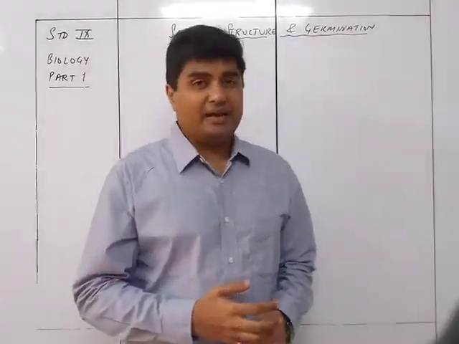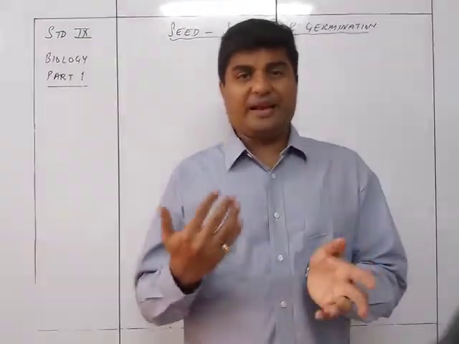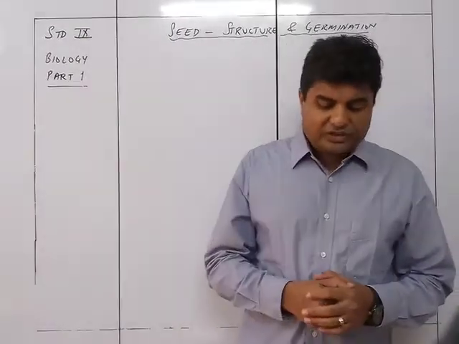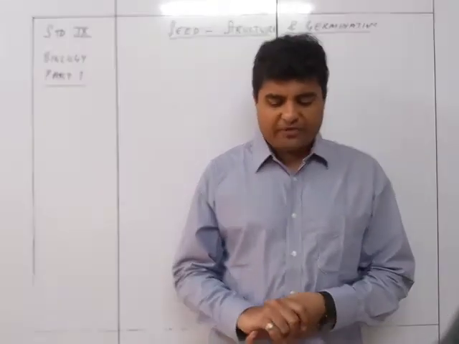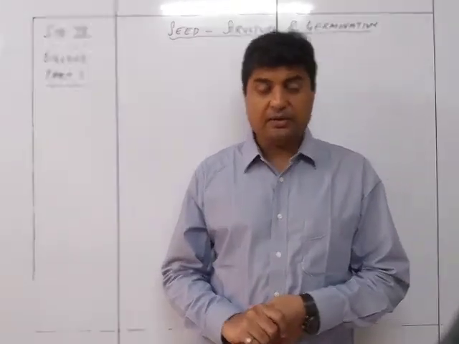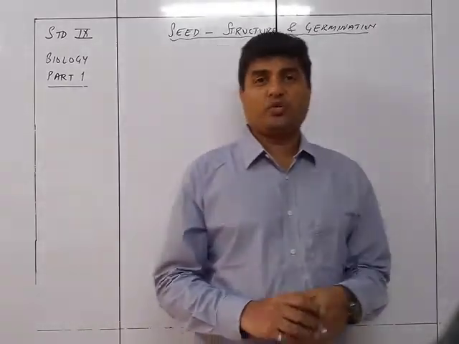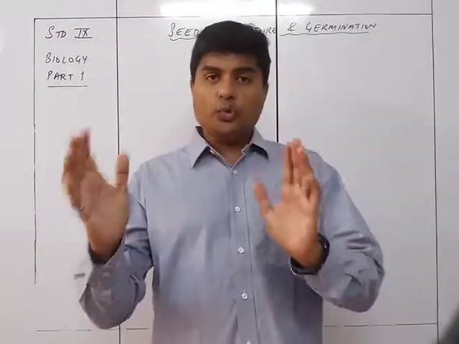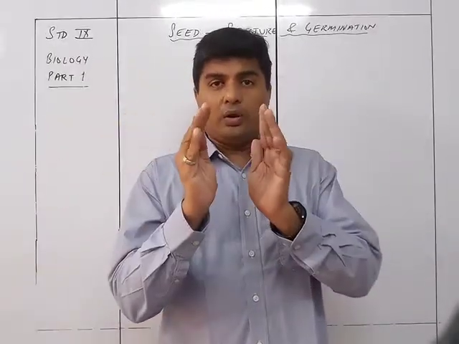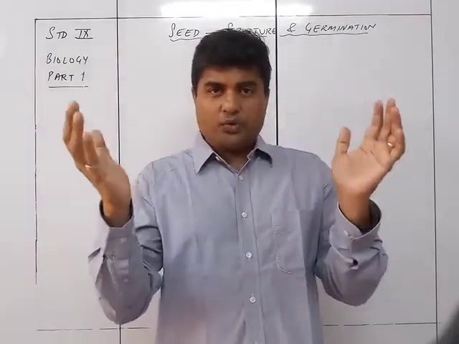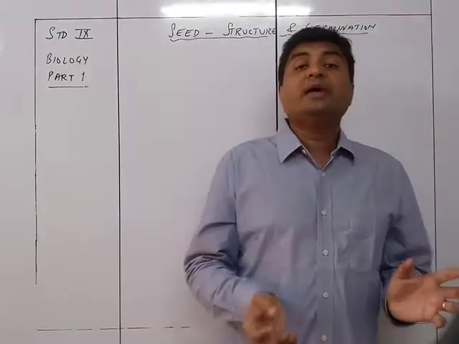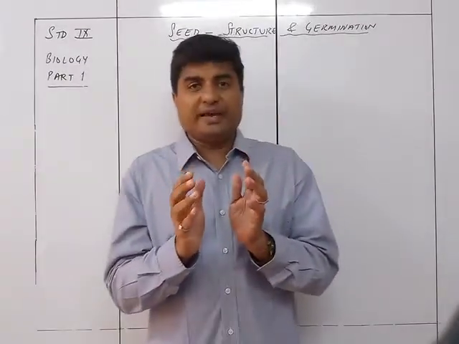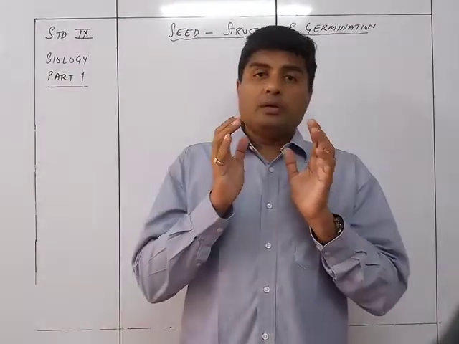And then there is the grain. Now, what is the difference? The grain is actually a fruit in which the fruit wall and the seed coat are fused together to form a protective layer, for example maize and wheat. When the fruit wall and the seed coat fuse together, so there is no fleshy part on top of it, that particular fruit becomes a grain.